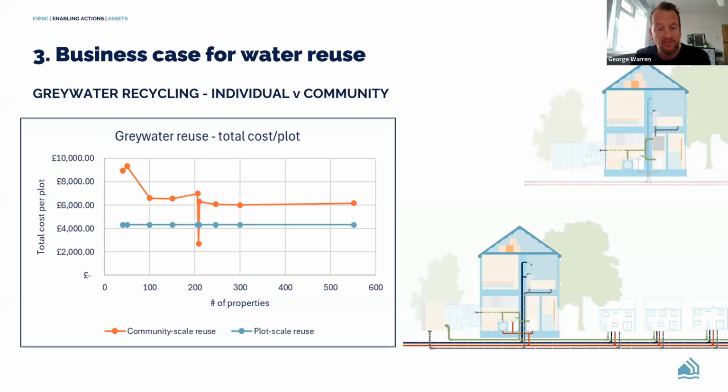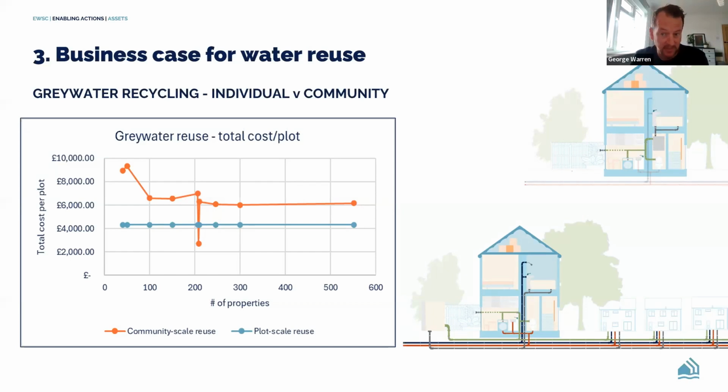We don't have sufficient data at the present time from those 12 development sites to be able to really show at what density points grey water starts to really kick in from a community scale basis.